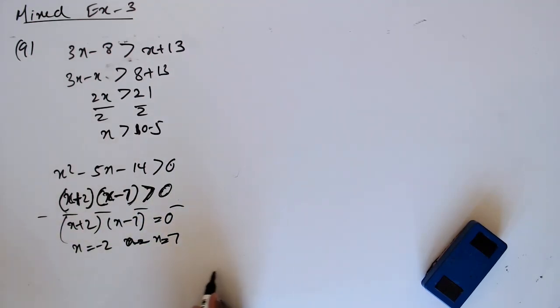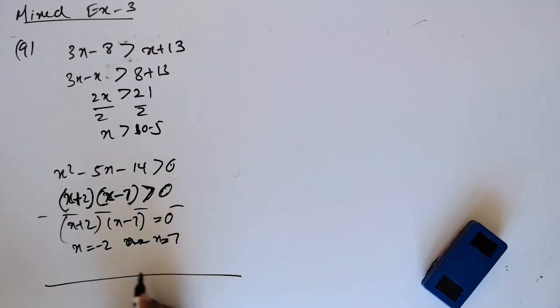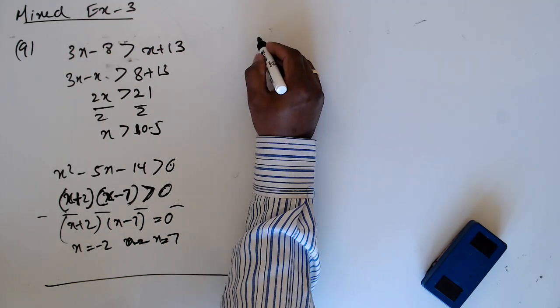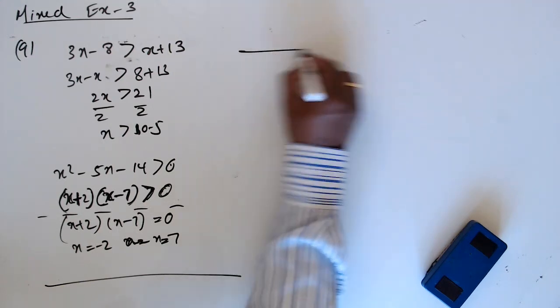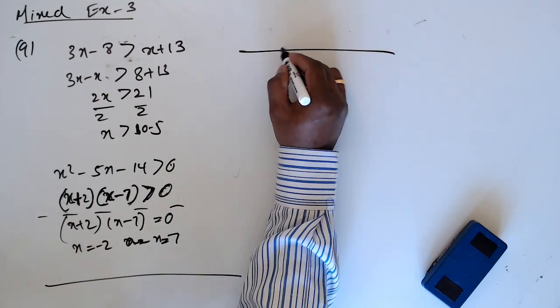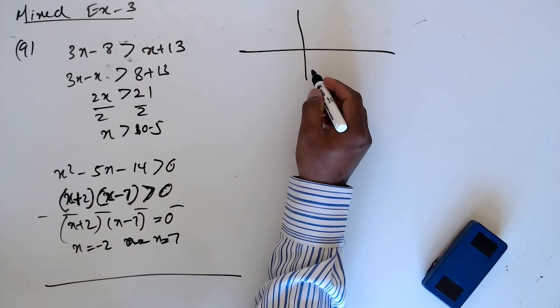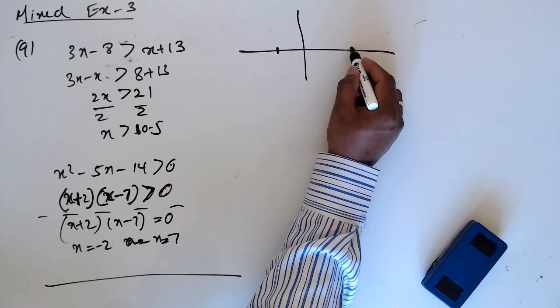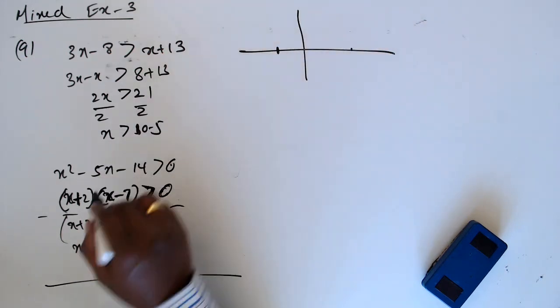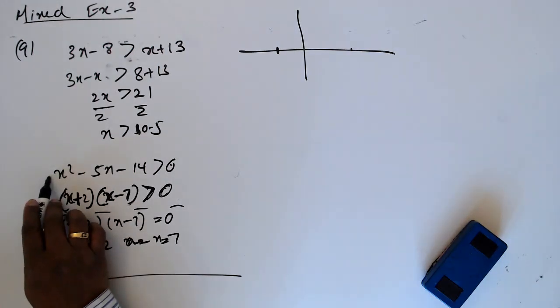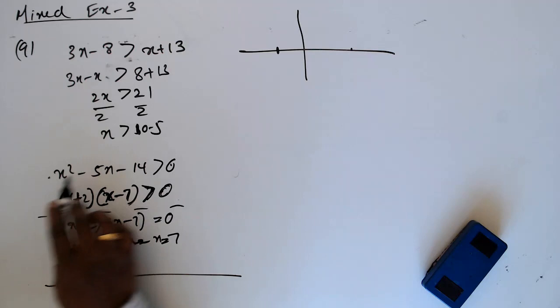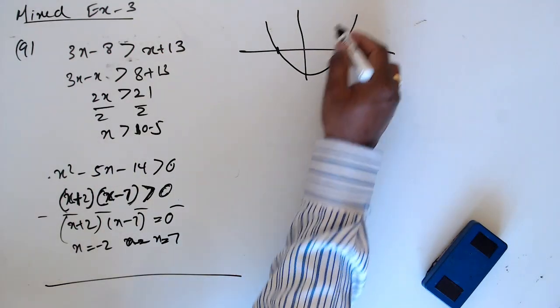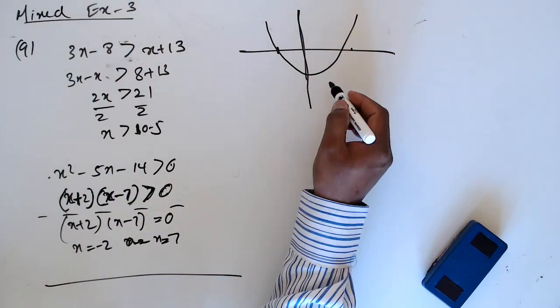So there are two roots. One is minus 2, another one is 7, and the coefficient is greater than 0. It means it has a minimum.